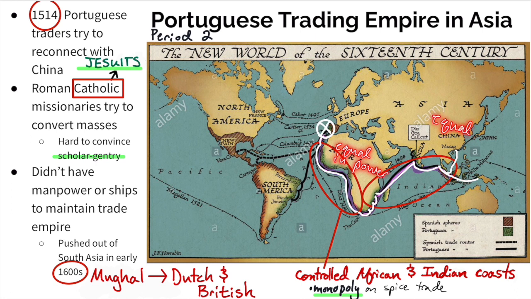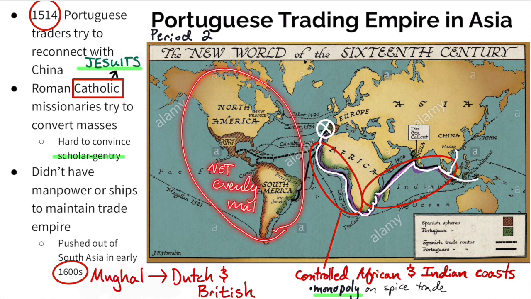Europeans don't want to pick on somebody who's equally matched. They want to pick on somebody that they could easily dominate. And who is that going to be? The Native Americans. What allows them to conquer the Native Americans and dominate them? The fact that they have guns. Do the natives have guns? No, because this hemisphere, the Western Hemisphere, had been completely cut off from the Eastern Hemisphere until 1492.